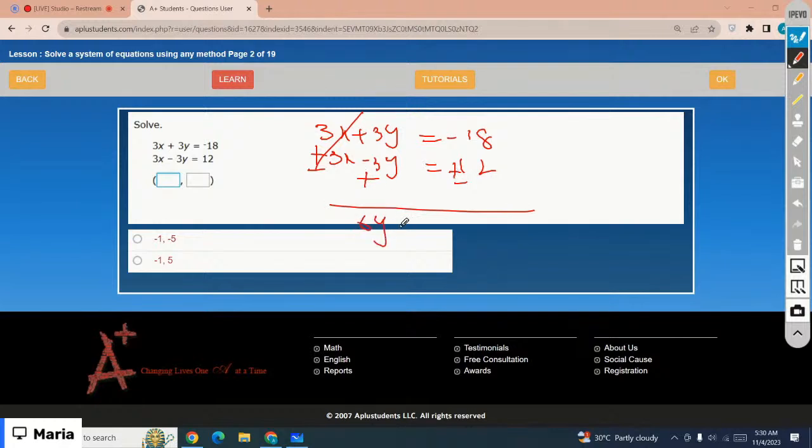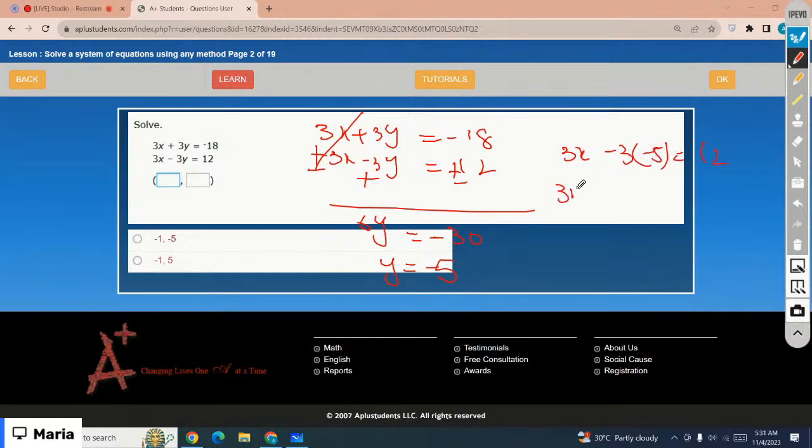3y plus 3y is 6y. 18 minus 18 minus 12 is 30, right? That means minus 30. That means y equals negative 5, right? Now you can put value of y in any of the equation and calculate the x. So that is 3x minus 3y, with y minus 5, equals 12.